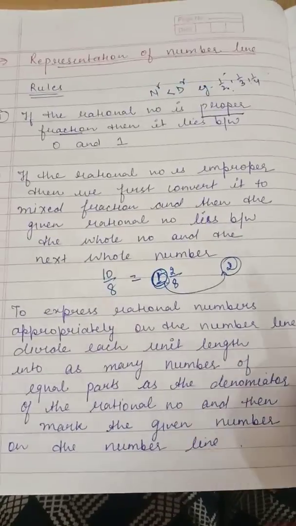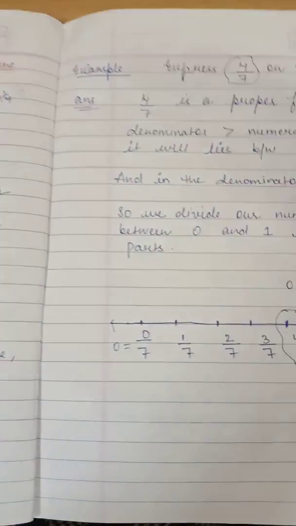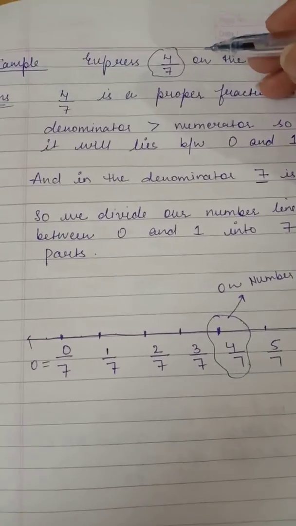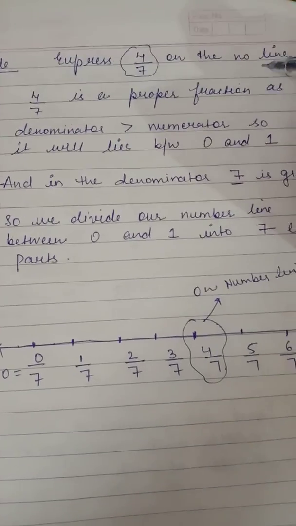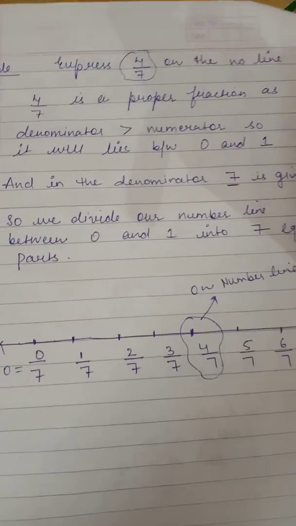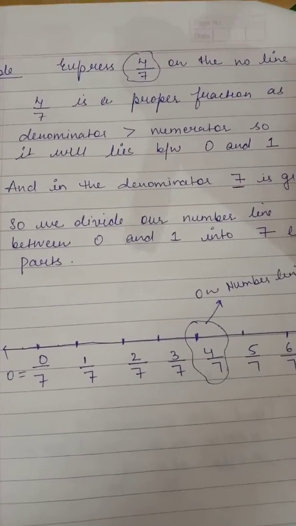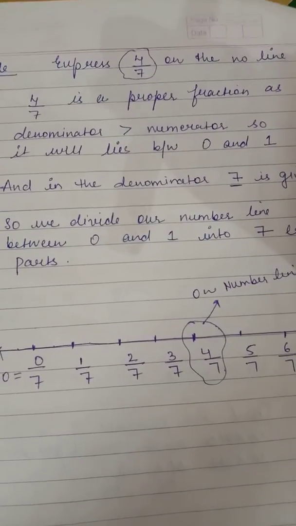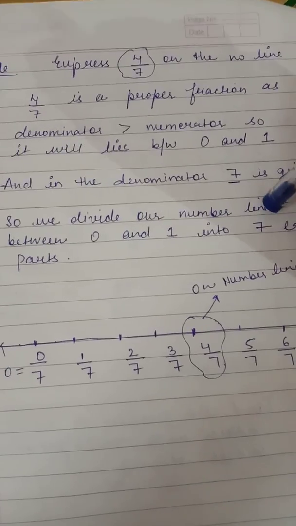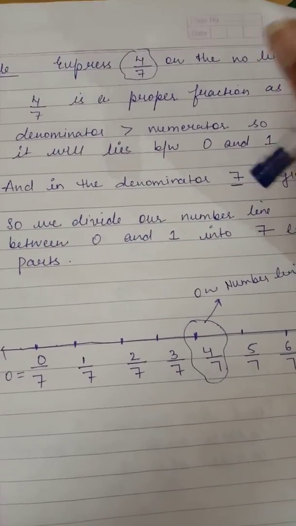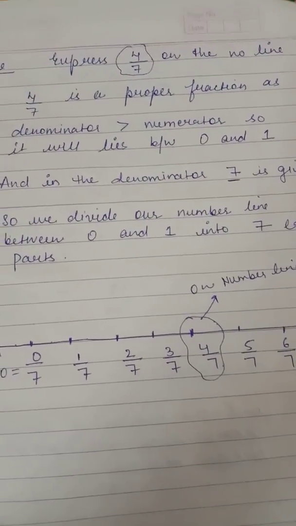Divide करना है. Now see one more example here. Your example says express 4 by 7 on the number line. अब 4 by 7 को आपको express करना है on the number line.